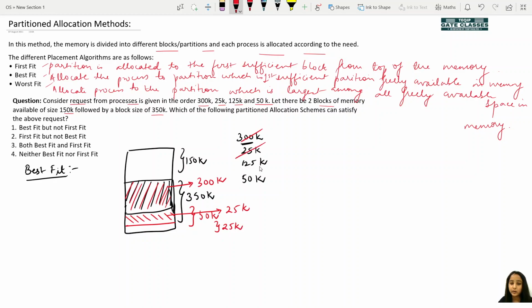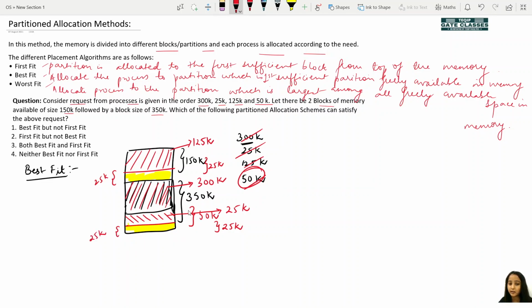Then 125K. When 125K came, I will accommodate it in the first block. And how much is left? 25K. So what about 50K? Here how much space is available? This is 25K and this is 25K.